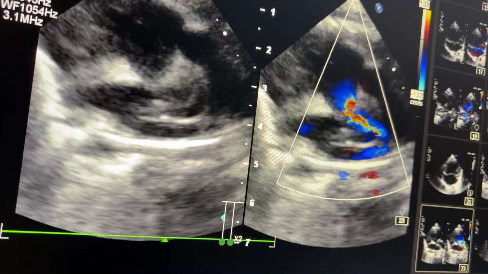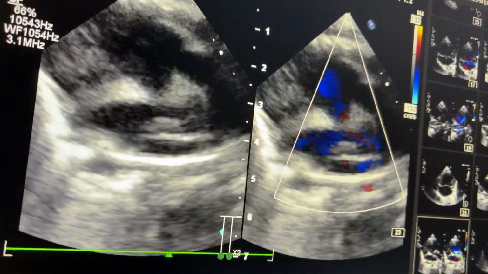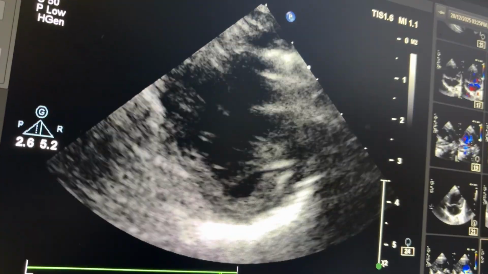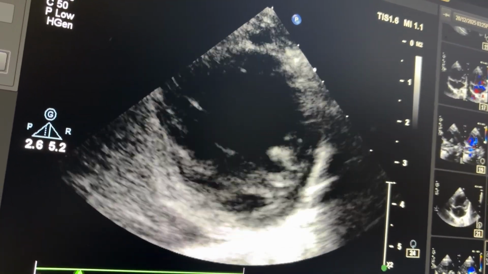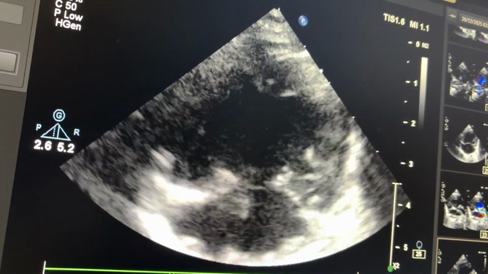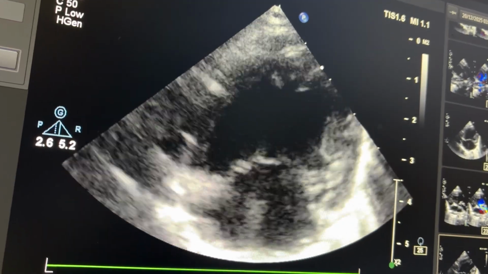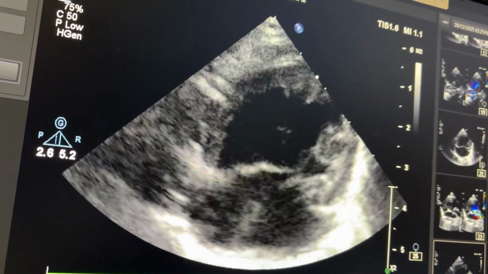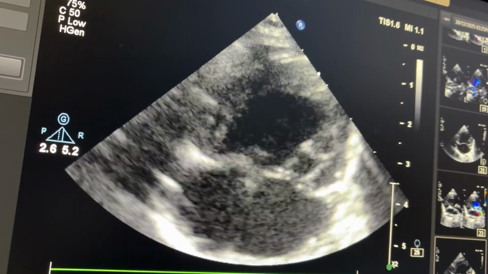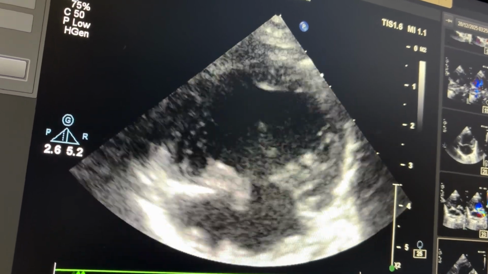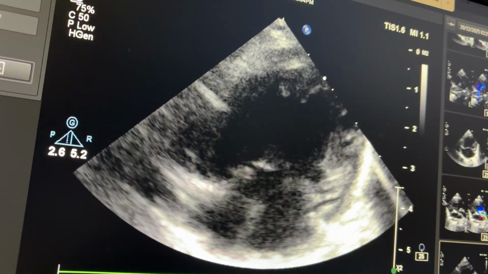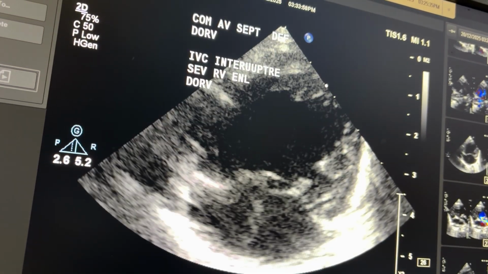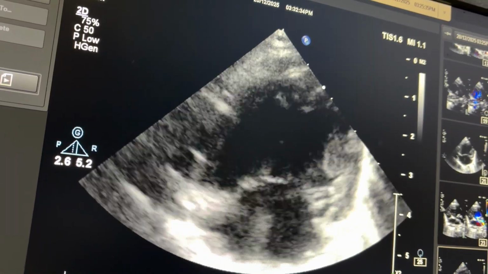Same thing you can again see. So this is the case of left atrial isomerism, complete AV septal defect, and pulmonary stenosis. That is the finding.